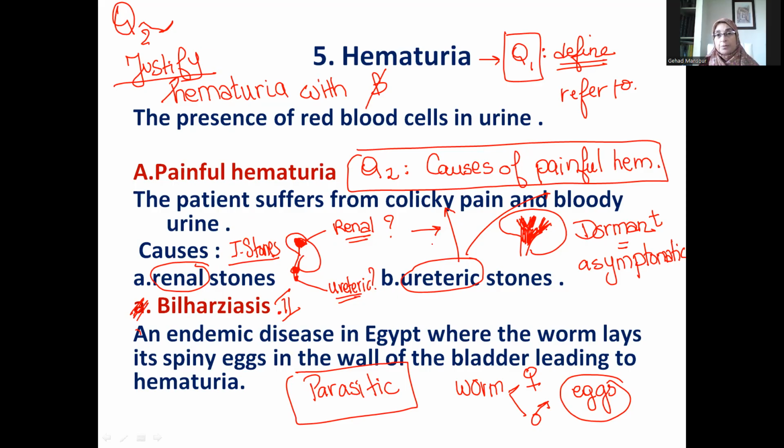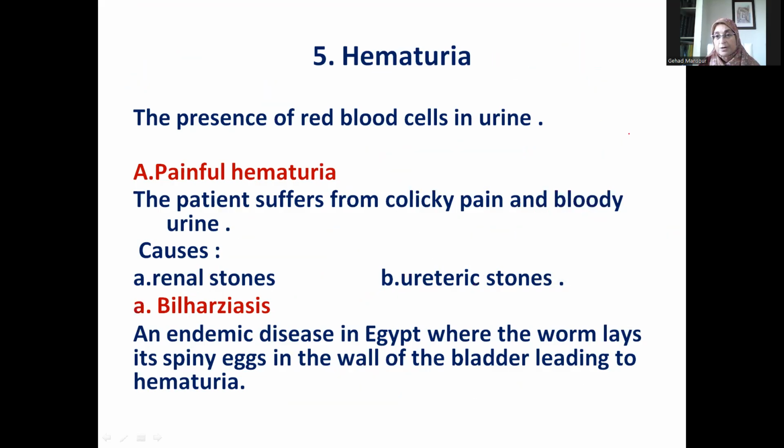It is just because the eggs in bilharziasis are deposited by the female in the wall of the urinary bladder, and these eggs have spiny walls. So you have eggs, and these eggs are spiny, and it is the spine that attaches to the bladder mucosa.